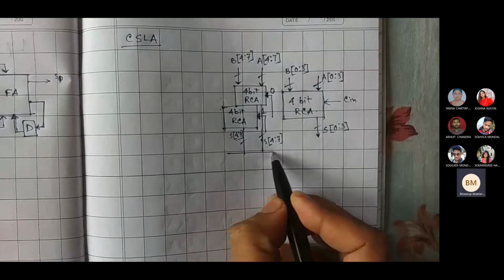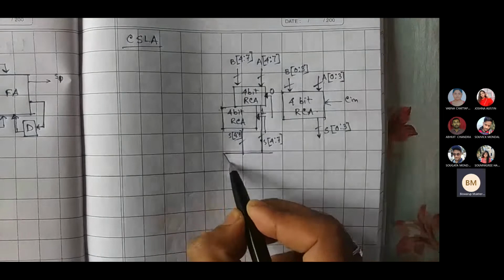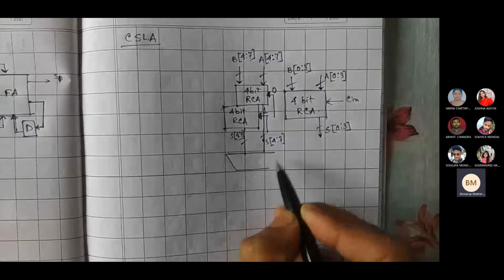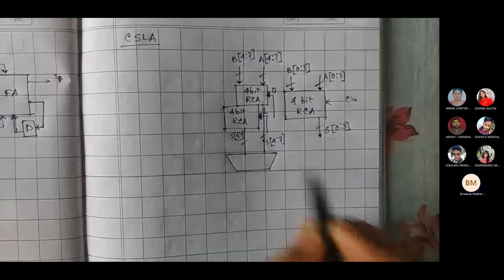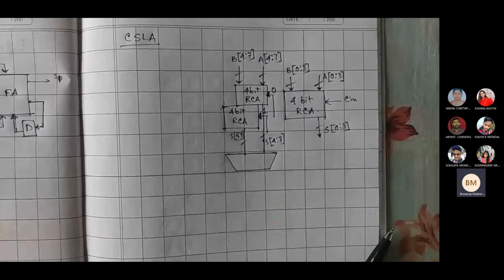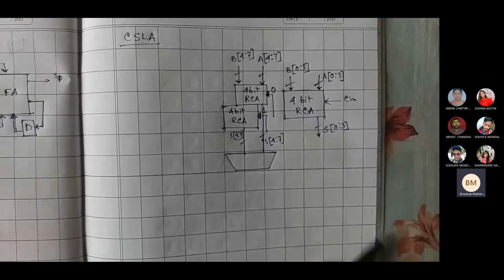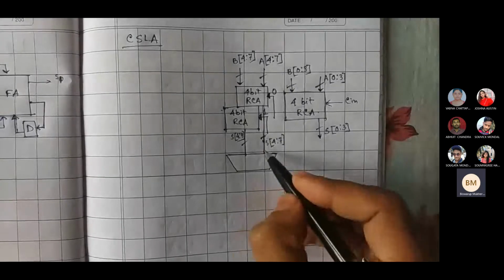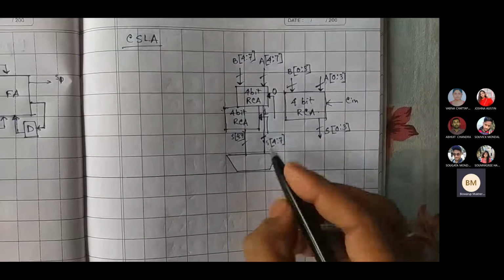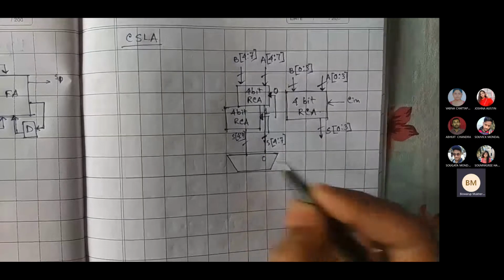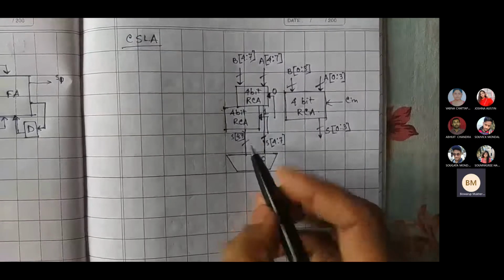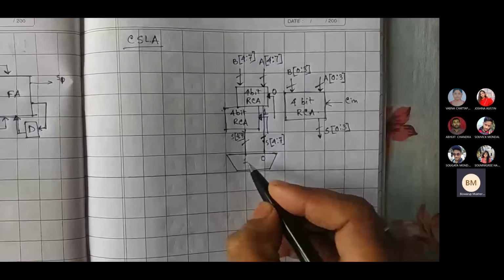Now we are placing one multiplexer just below that. This bus of input we are connecting with the 0 line, and this bus of input we are connecting with the 1 line.